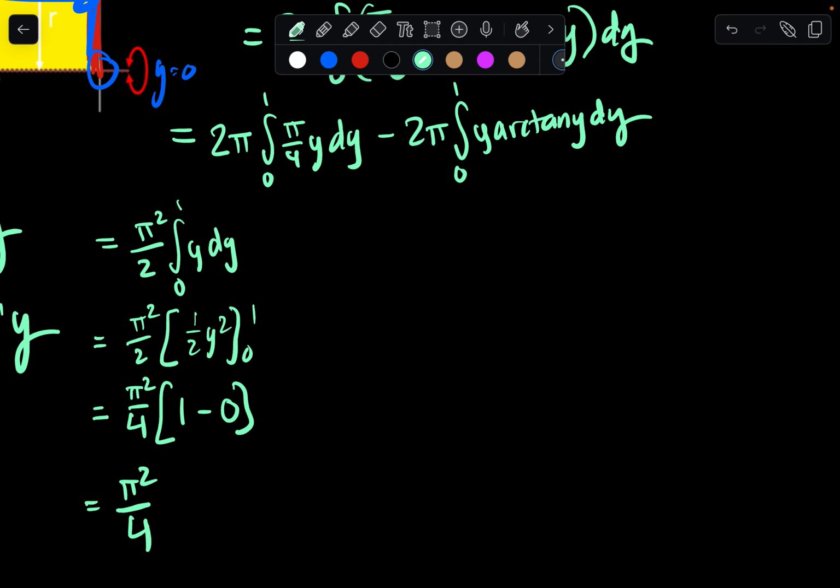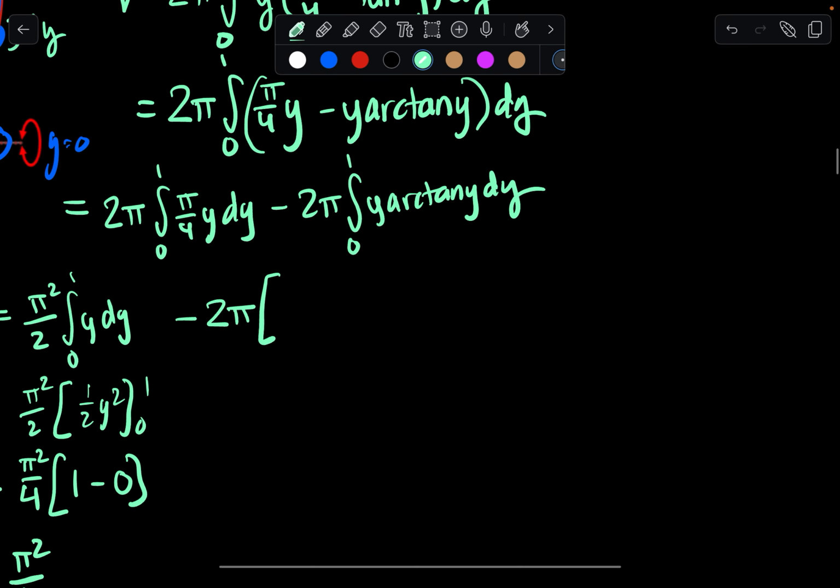Okay, so now we have, this is all minus 2 pi. Okay, we're multiplying. So whenever we're differentiating and multiply, we use the product rule. Whenever I see this in integration, it's integration by parts, okay?